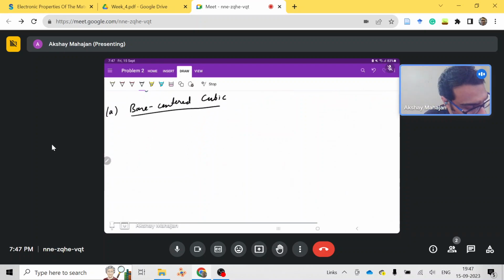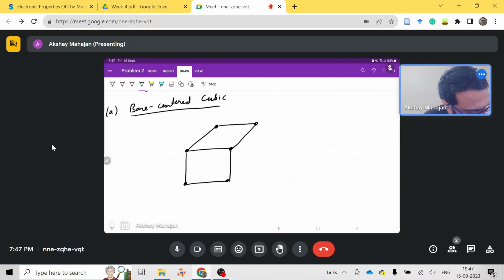So in a base centered cubic, again I will draw this simple cubic. Alright, so this is our simple cubic, and these are the corner points of the simple cubic. And now we are making a base centered cubic from this.